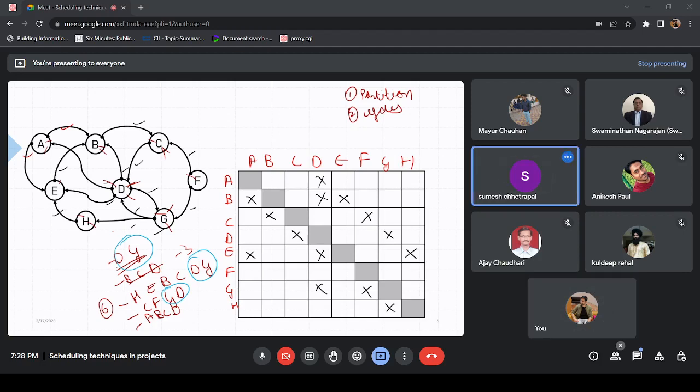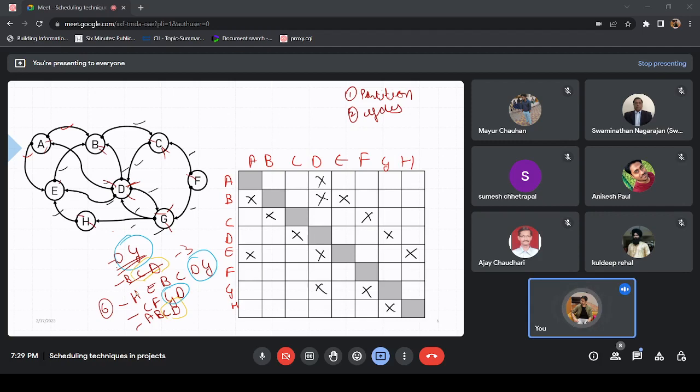And similarly, here CD is coming, right? BCD, here ABCD again. So if you break this link, you would find that with minimum tiers you can move on, right?